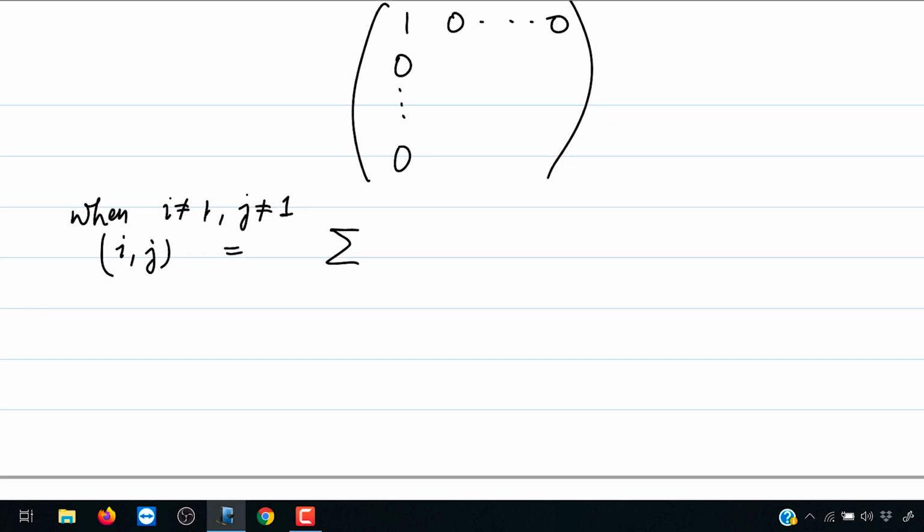So this will just give you E prime (i minus 1, k) times B prime (k, j minus 1), which is just the entry B (i minus 1, j minus 1).